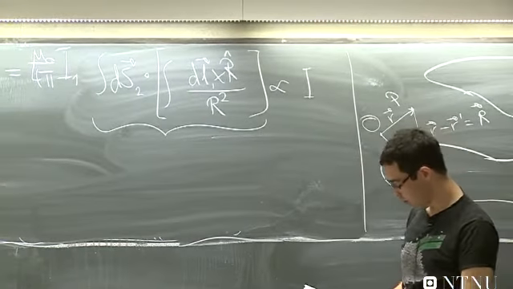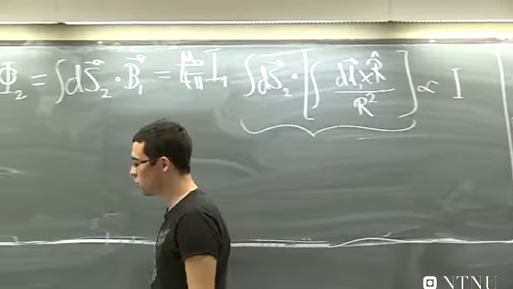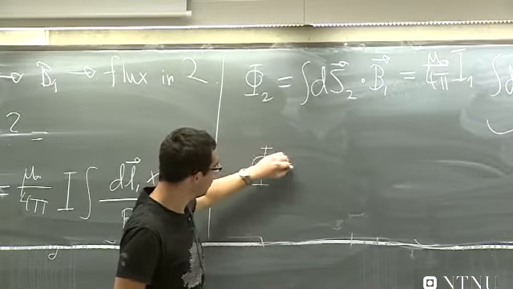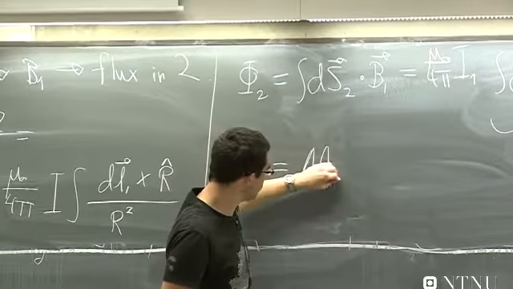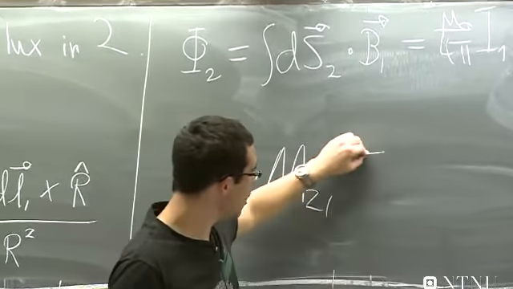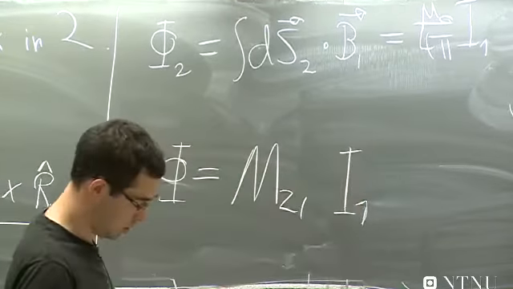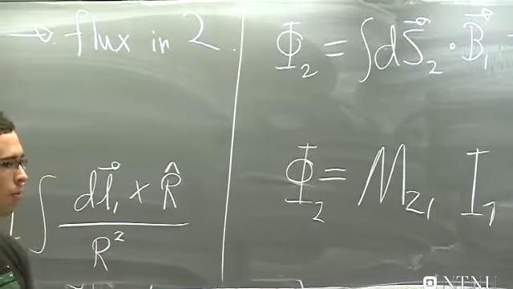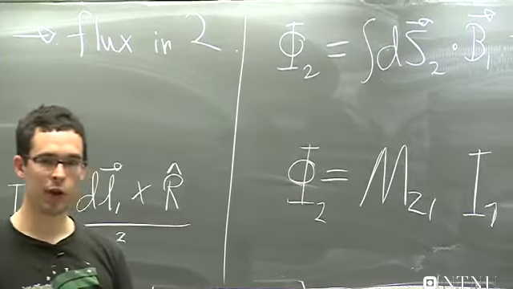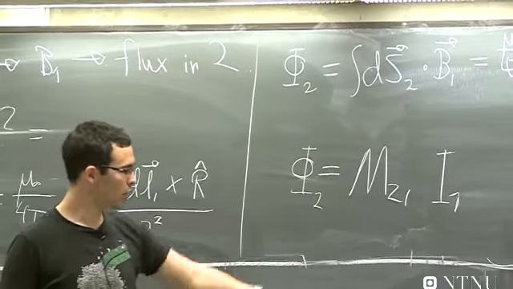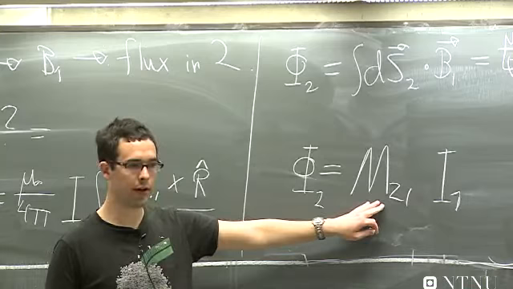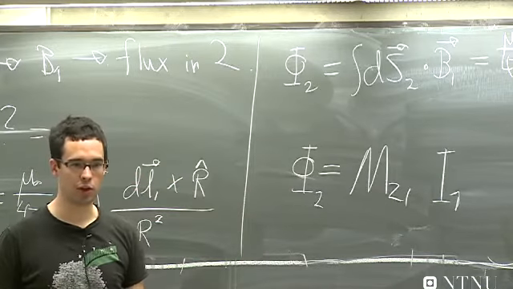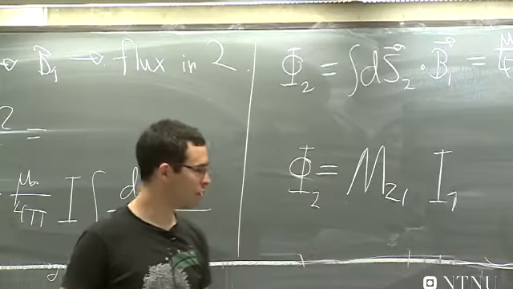And now I would like to define the mutual inductance between the two loops as the following: phi 2 equals M21 times I1. So I have a current running in loop 1. How much flux do I get in loop 2? Well, there's just a proportionality constant called mutual inductance that tells me how big the flux is.